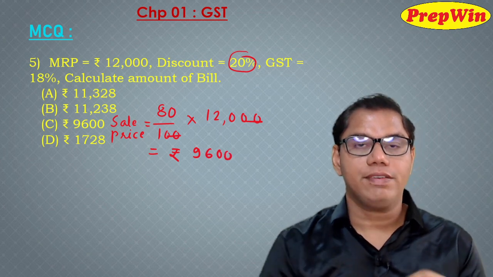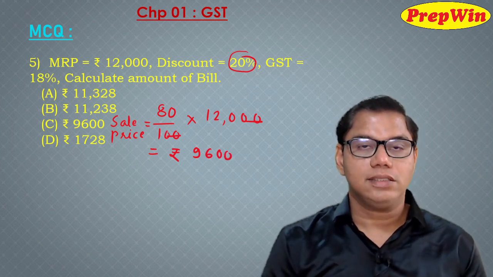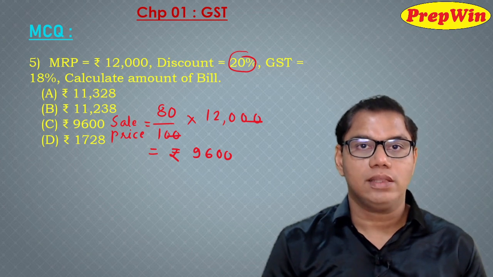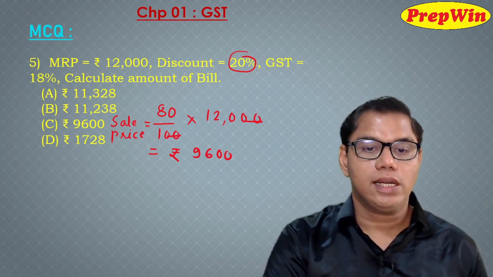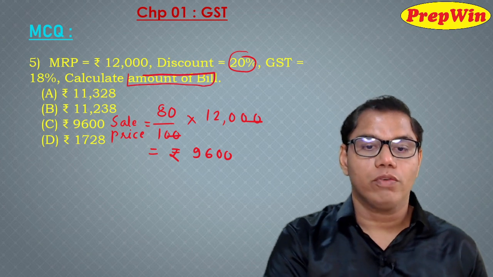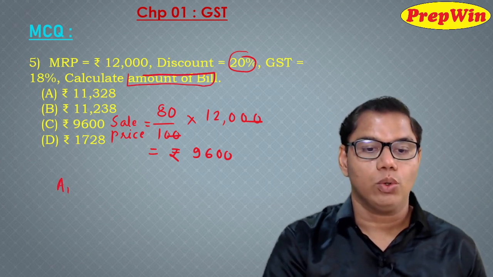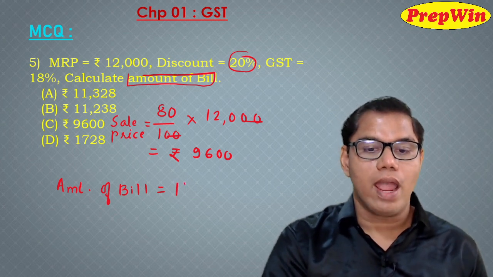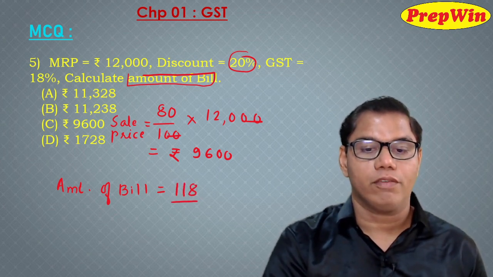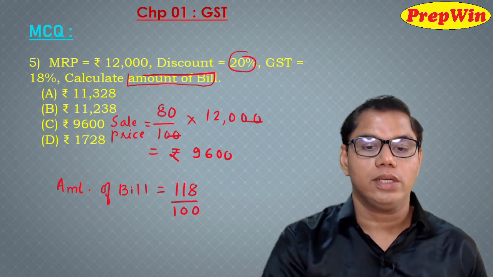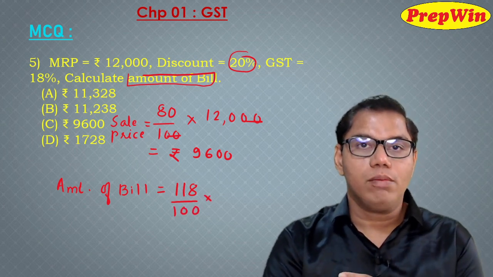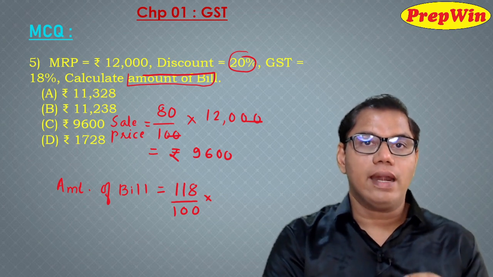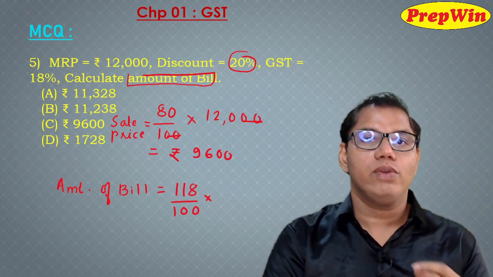9,600. And as we have seen in our concept, GST is always calculated on the sale price. The question is amount of bill. So we have to find the final amount or the total amount of bill. So I will write amount of bill is equal to 118%. Again, why 118%? If you are smart enough, you will understand how I am using a short trick whereby I eliminate all the intermediate steps and reach my answer within a single step.